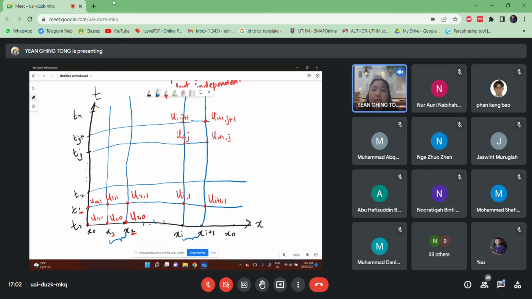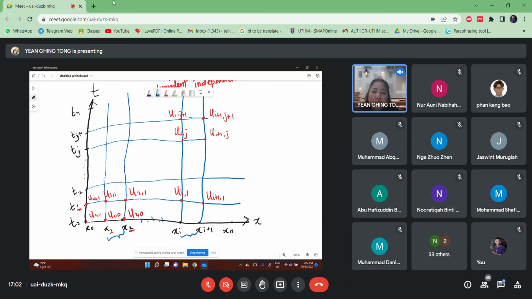So the step size here is actually this one. Normally we use H for the x-axis, that means xi plus 1 minus xi. Here, this is step size. Let's say they all have the same step size.